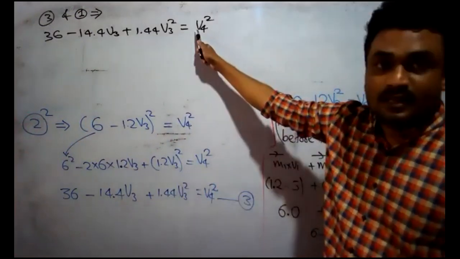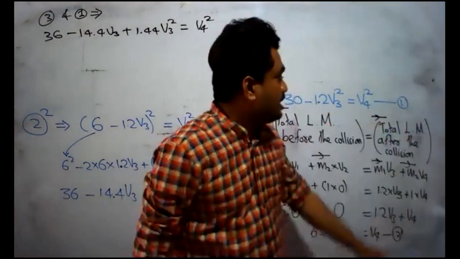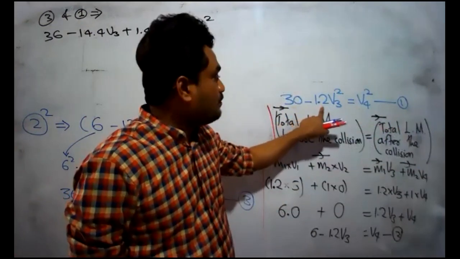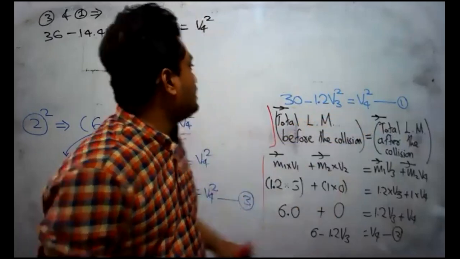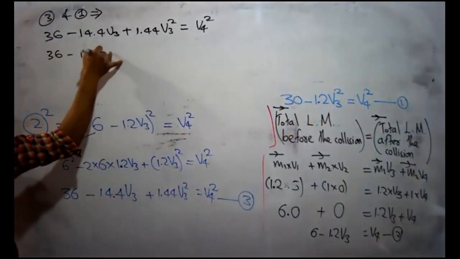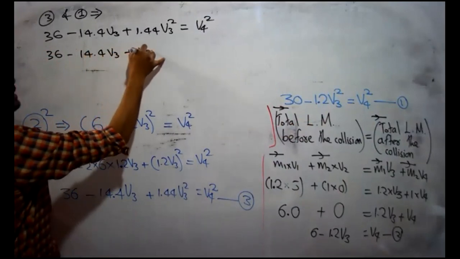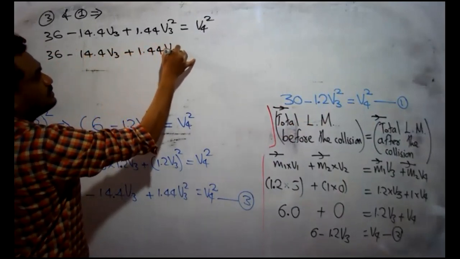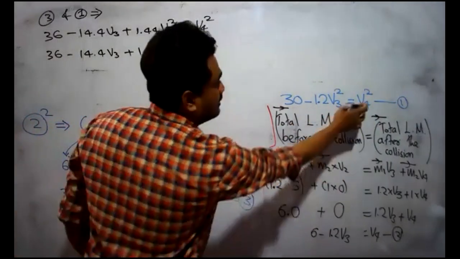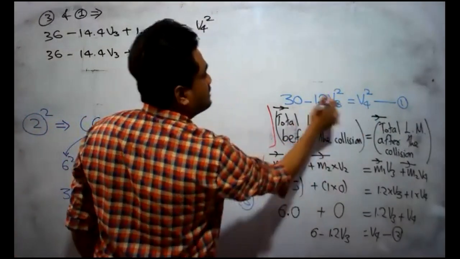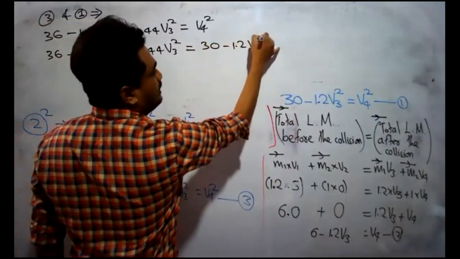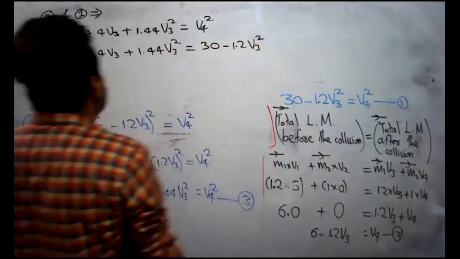But according to the first equation, root 4 square is equal to 30 minus 1.2 times root 3 square.